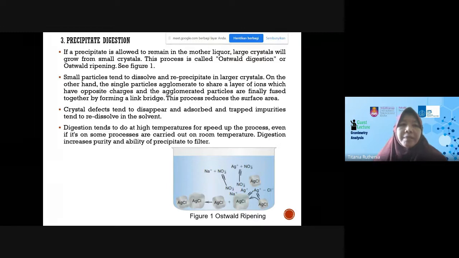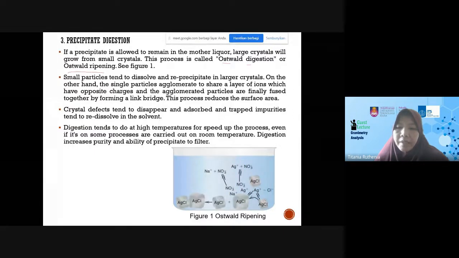Okay, precipitate digestion. If a precipitate is allowed to remain in the mother liquor, then large crystals will grow from small crystals. We call it Ostwald digestion or Ostwald ripening. Here you can see in figure number 1, this is AgCl, small AgCl, only small size, and it's easy to dissolve in the solution. Ag plus is released, and also it comes back, release and come back like that in equilibrium.